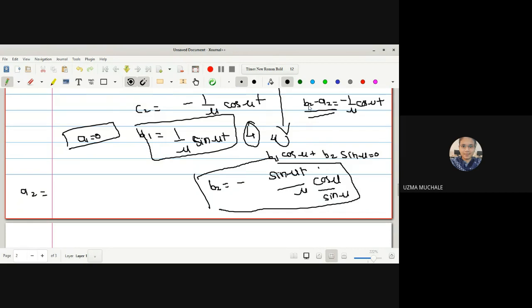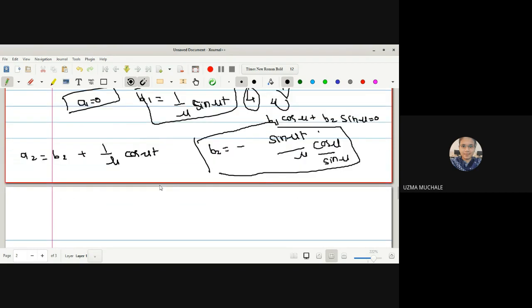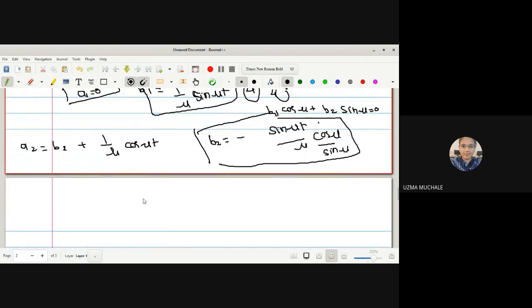This equation I can write as A2 is equal to B2 plus 1 upon mu cos mu t. Here you have to put up the value of B2.